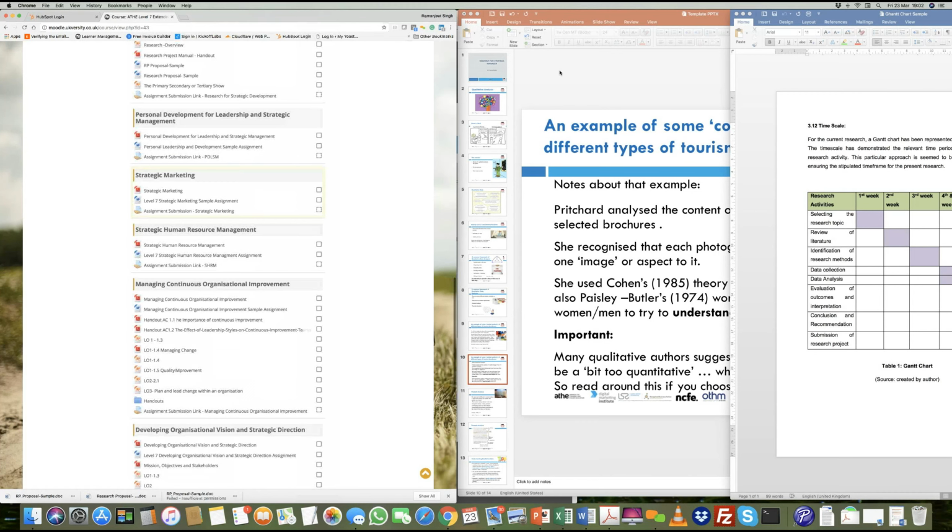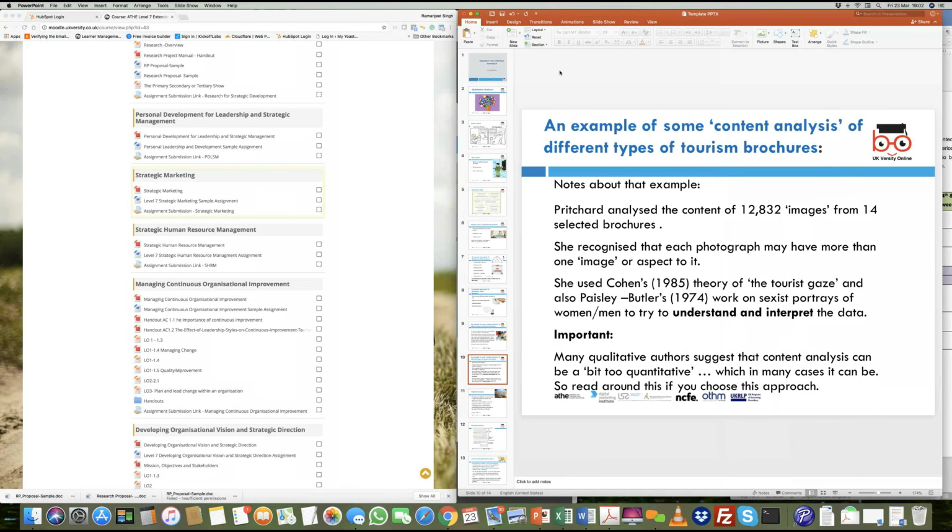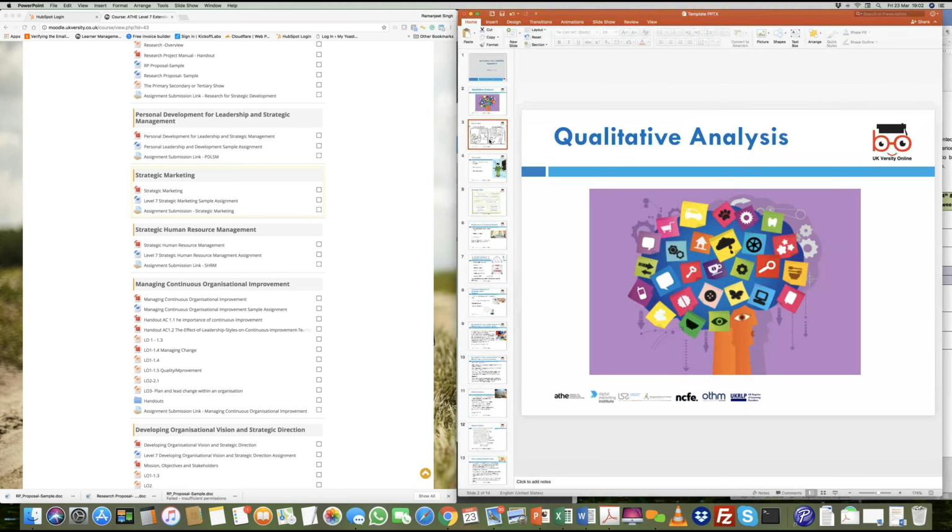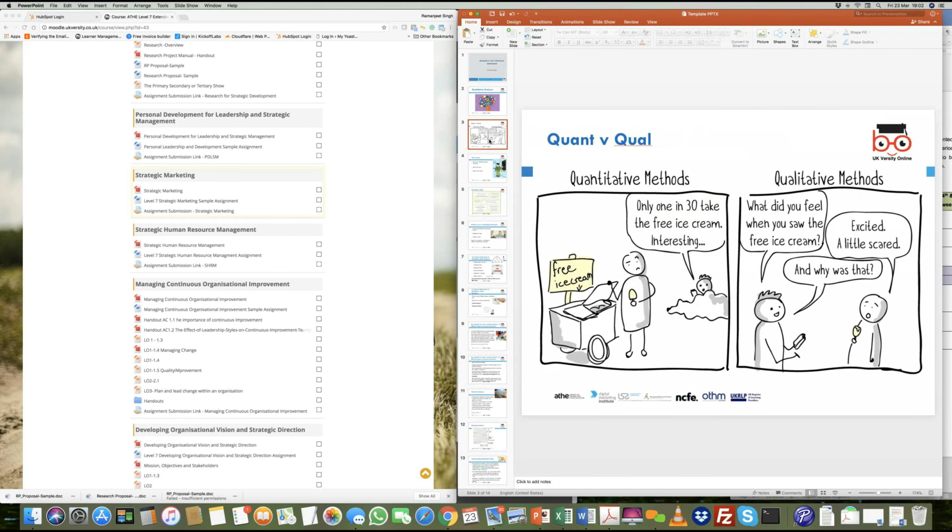So for today, what I'm going to do is send you an email which briefly outlines what is required in the research proposal, a copy of this presentation which talks about the quantitative and qualitative techniques that you could go through, and the workshop manual, which is on Moodle, but I will include it in the email.